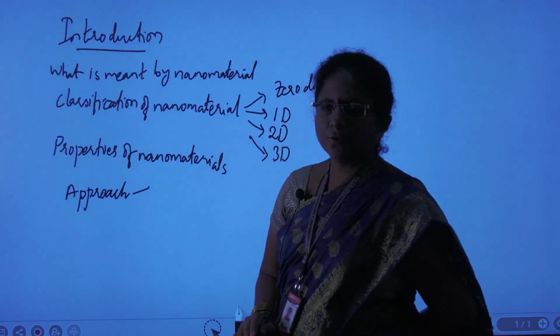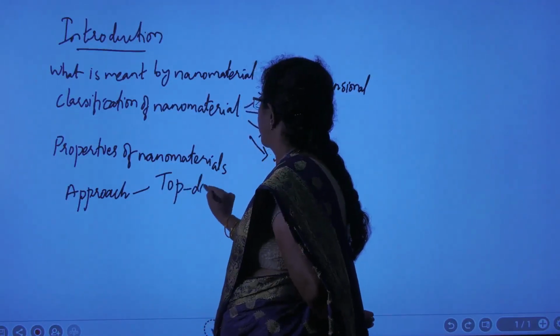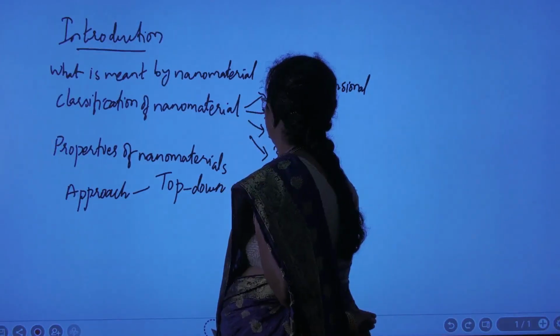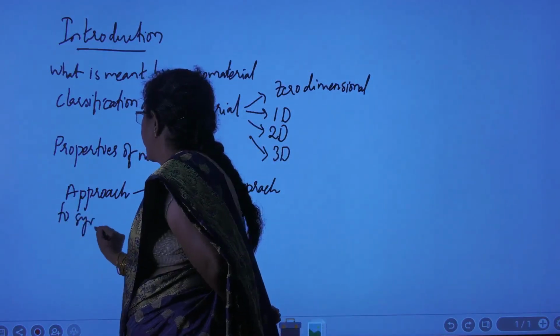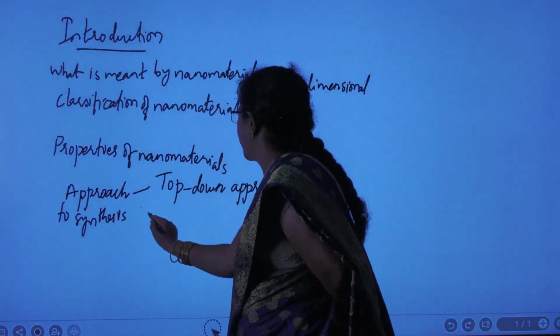What are the approaches to nanomaterials? Top-down approach, here approach means approach to the synthesis of nanomaterials, and bottom-up approach.